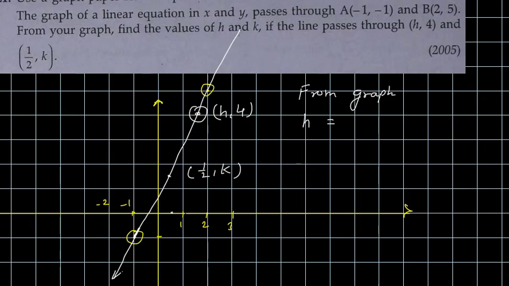So somewhere between 1 and 2, so 1.5. We can say that the value of h is 1.5. And similarly the value of k, what is the y coordinate? This is 1 and this is 1.5. So h is 1.5 and k is 1.5. This is what you get from the graph.